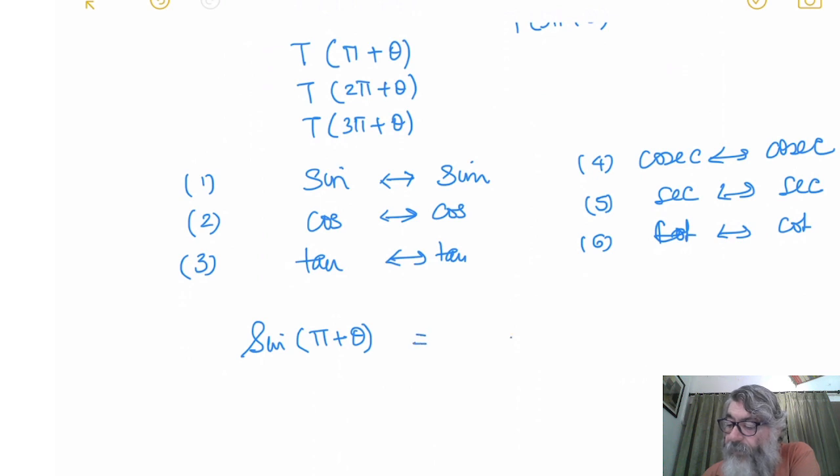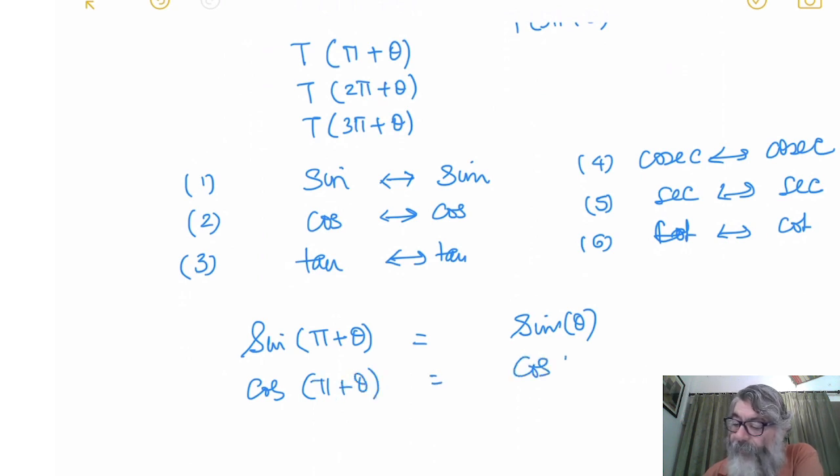First of all, this is one thing. Sine will remain sine theta only. Suppose cos of pi plus theta is there, so there will be no change in this. It will remain cos theta. If it is tan of pi plus theta, it will remain tan theta only.